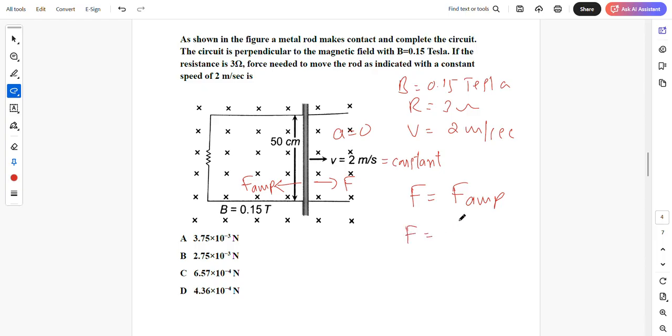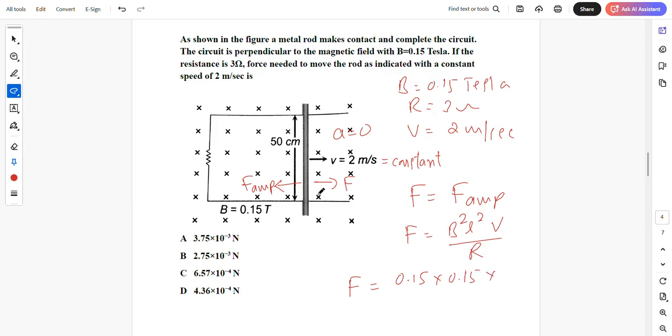What is the formula for F Amperian? B square L square V by R. So F is equal to, B they have given 0.15 into 0.15.